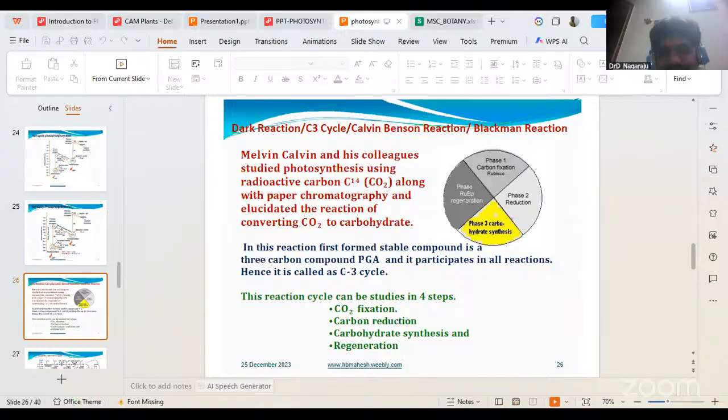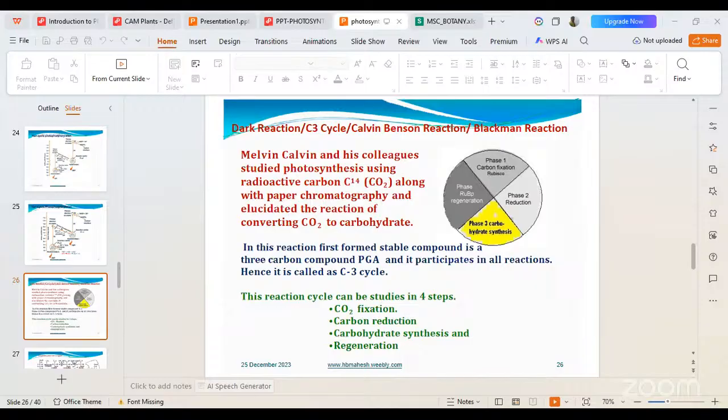Here you can see clearly, you can take a screenshot also. Now clearly you can see where it is happening. Here is the byproduct glucose. These are all again forming ribose phosphate. Here the first reaction is carbon fixation.